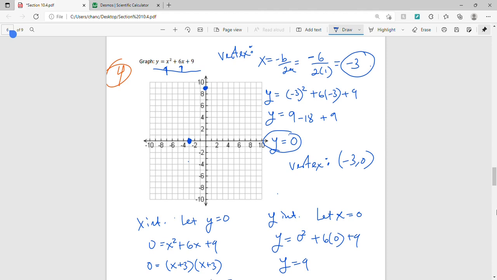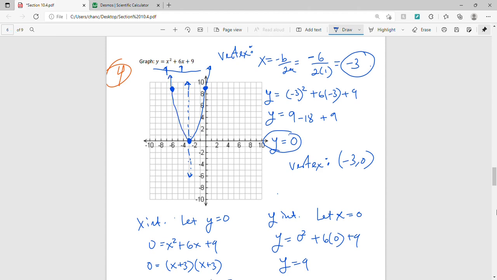After that, we'll draw our axis of symmetry, which runs down the middle of our parabola. And we can find another point. This is another point that is symmetric across the axis of symmetry. So we'll sketch our parabola, a U shape that runs through these points.